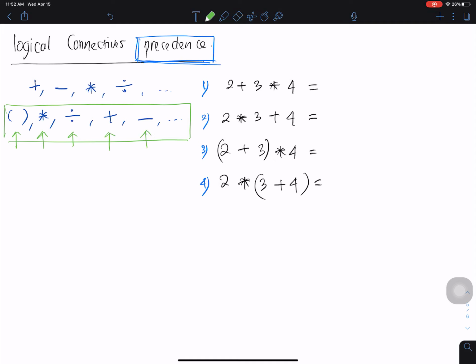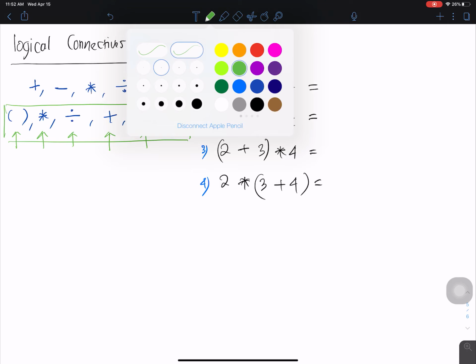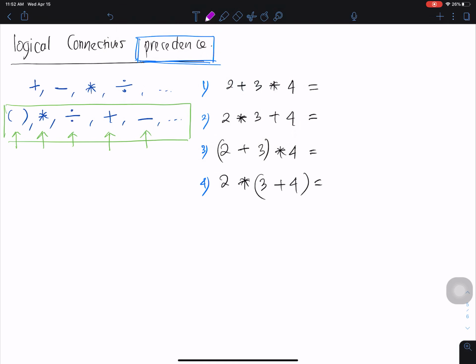So the first question, 2 plus 3 multiplied by 4, we know that multiplication is more powerful than addition. So you cannot work on 2 plus 3 first, but you have to solve the multiplication first, which becomes 12. So it will be 14.